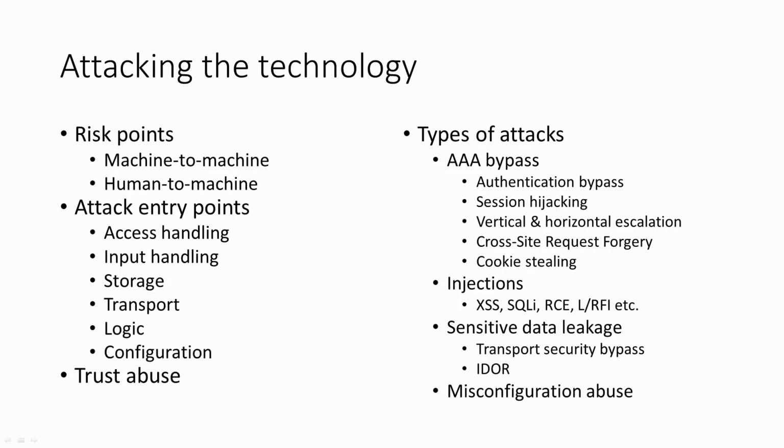Keeping this in mind, let's go further and see what more specific entry points, what these connection points could look like in the real world. So of course it's access handling. Every time a human or another process has access to an application, sometimes when access is not public, not allowed to everyone, it's essential to have some access control.